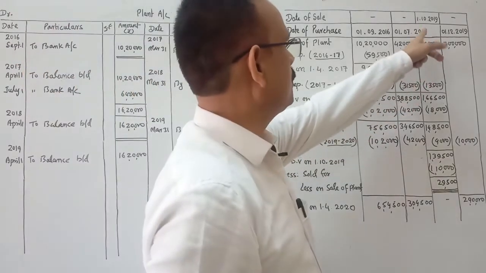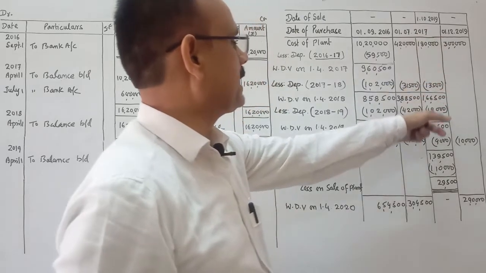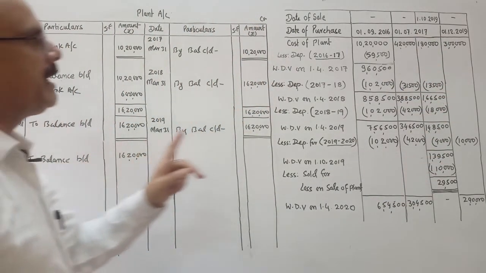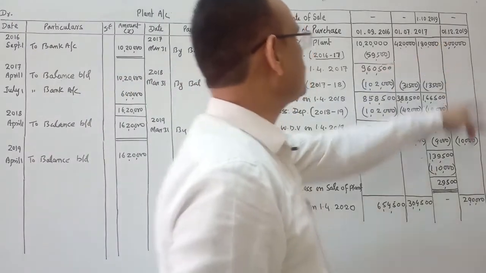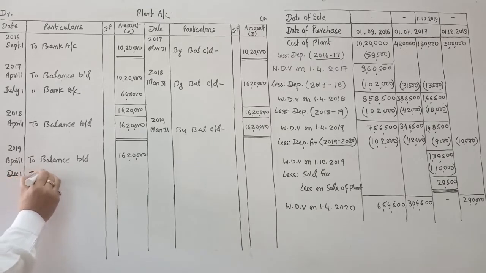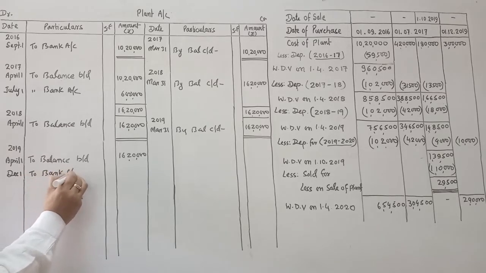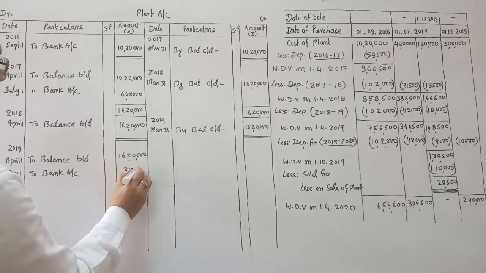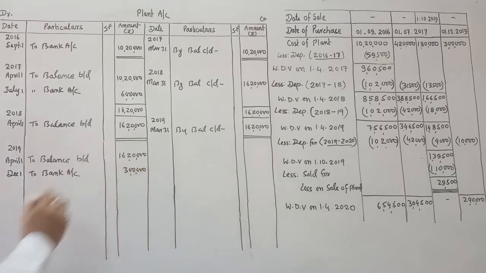This one is sold on 1st October 2019, which comes under this financial year. As well as on 1st December 2019, one machine was purchased. December 1st, to bank account, one machine of rupees 3 lakhs was purchased.